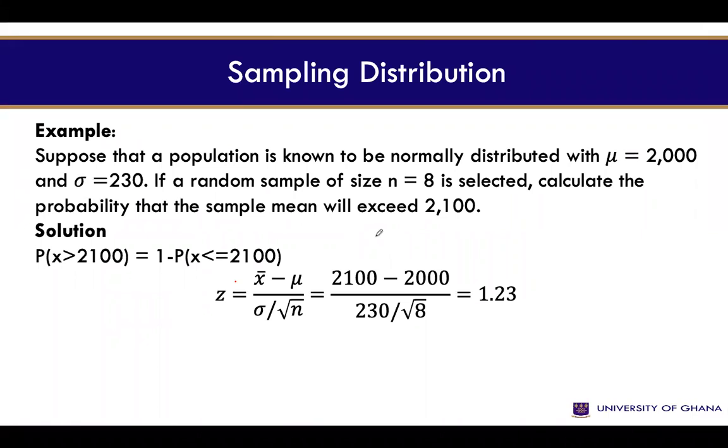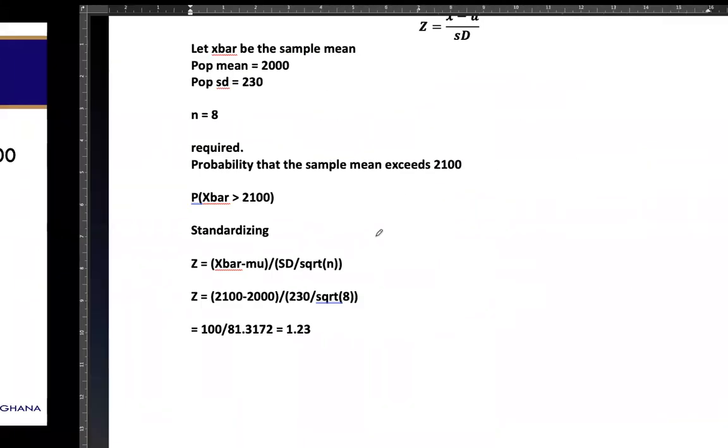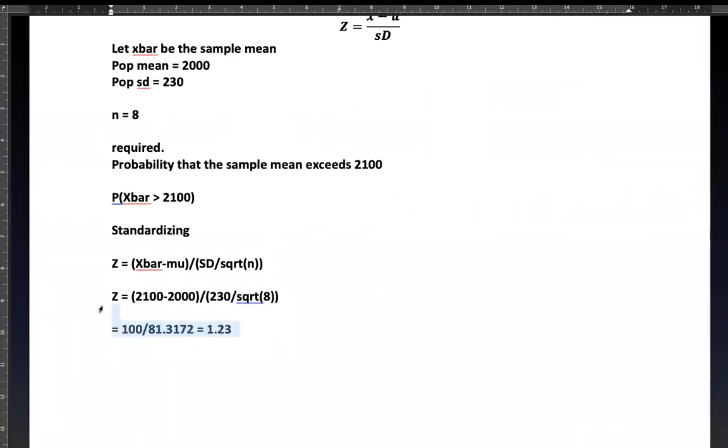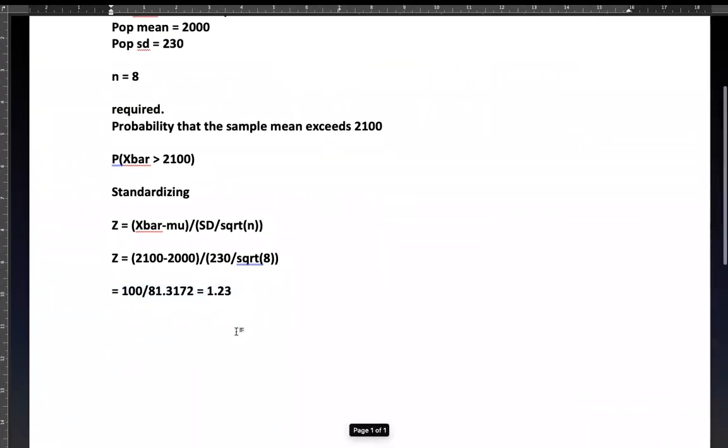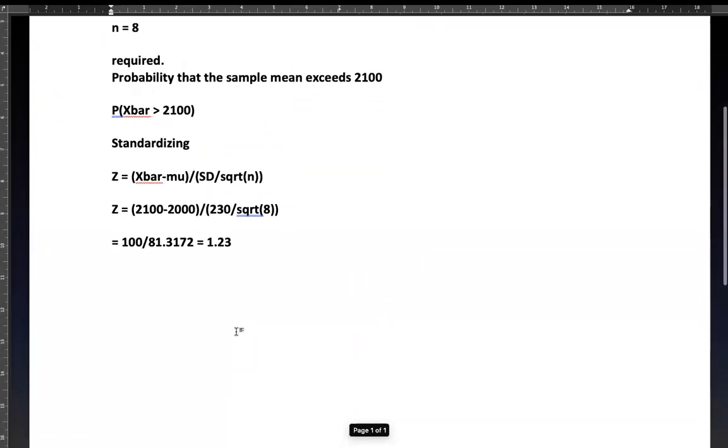I think it's 1.23. Okay, so I think we are still not done yet, right? We have to continue by evaluating. So what does it mean? It means that the probability that X bar is greater than 2,100 is the same as the probability that Z is greater than 1.23, isn't it? Yes. Okay.